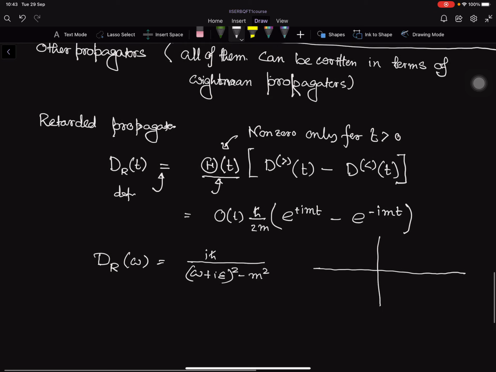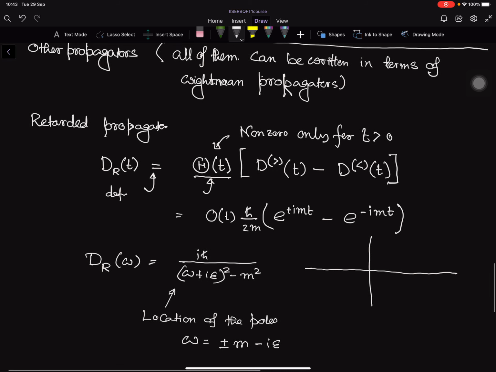So in the frequency space, the location of the poles, so if this is the frequency space, then the poles are, this is also called i epsilon prescription, and you will see the poles are at plus minus m minus i epsilon.